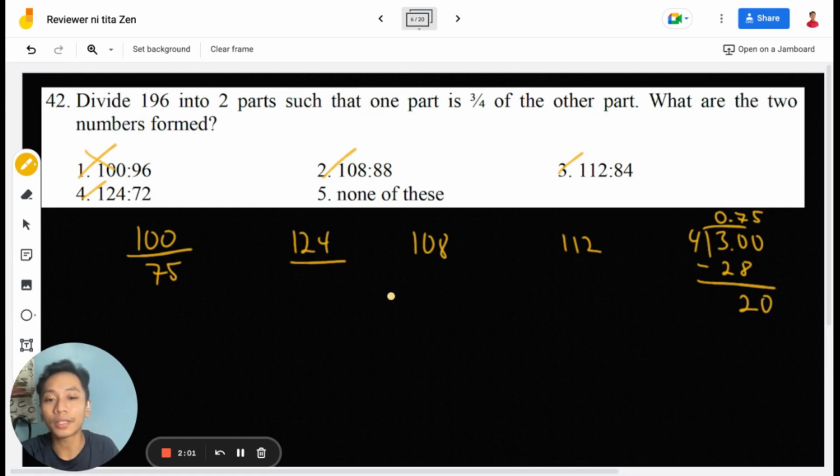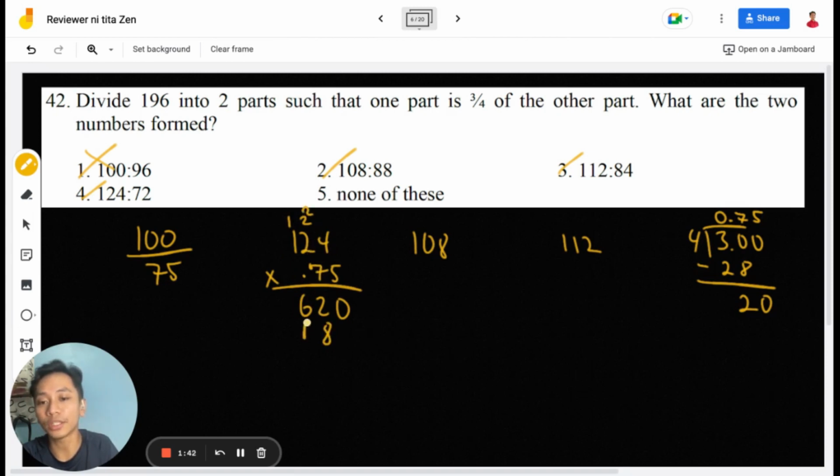Sunod, 75% of 124. How do you actually solve it? Multiply 124 by 0.75. This is 20. This is 10. Plus 2 is 12. This is 5 plus 1 is 6. This is 28. This is 14. Plus 2 is 16.